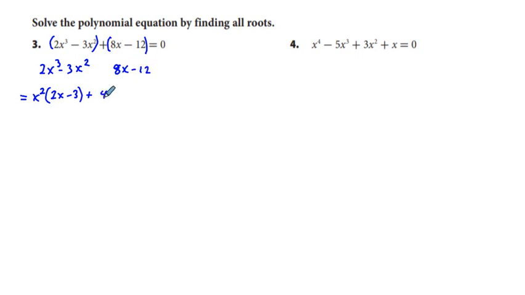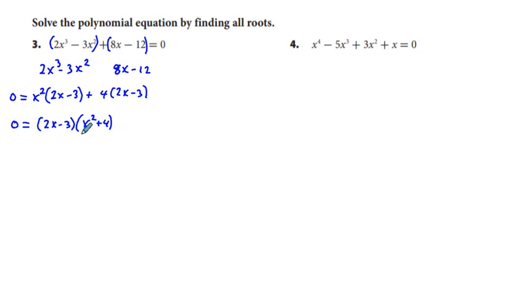So we have 4 times 2x minus 3. What do you know? So what we have here is 2x minus 3 times quantity x squared plus 4. And so if we set, and again these are all going to be equal to 0.